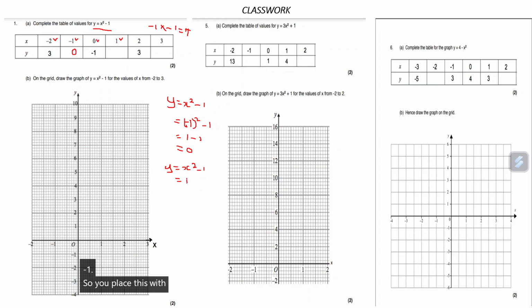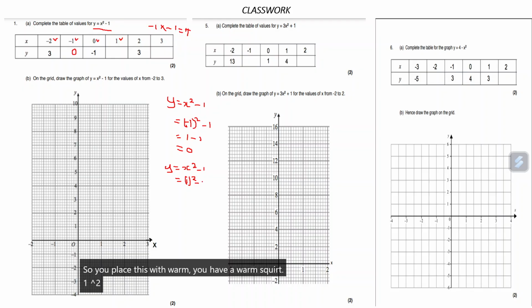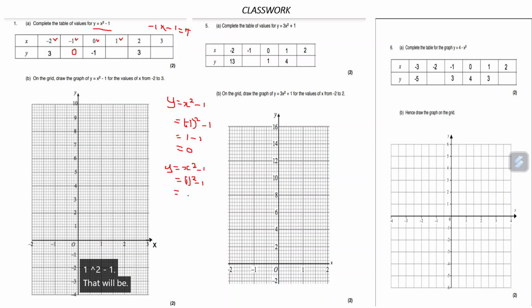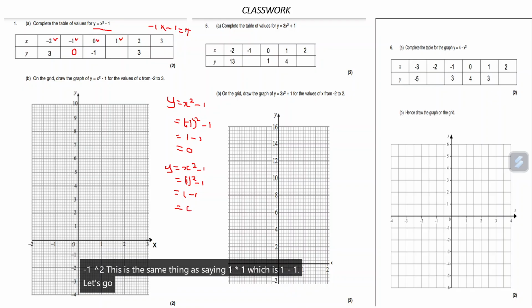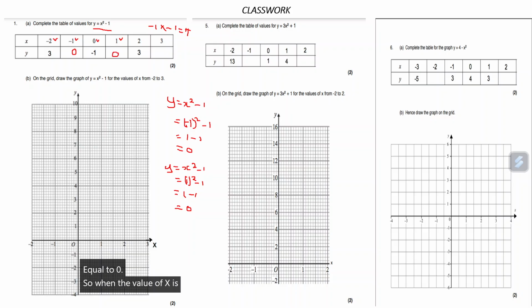That will be 1 squared minus 1. This is the same thing as saying 1 times 1, which is 1, minus 1 is equal to 0. So when the value of x is 1, y is 0.